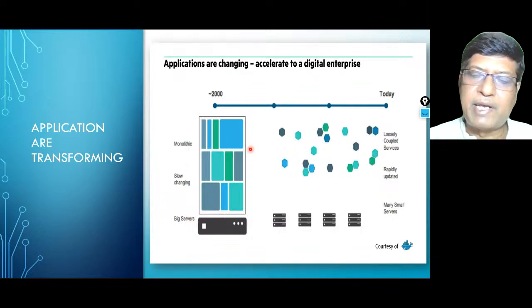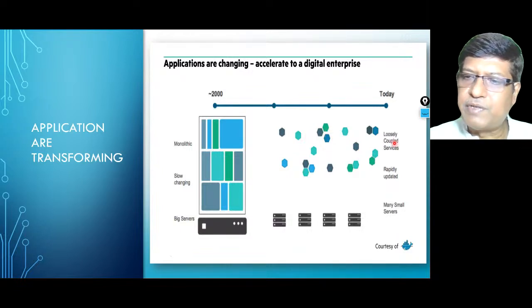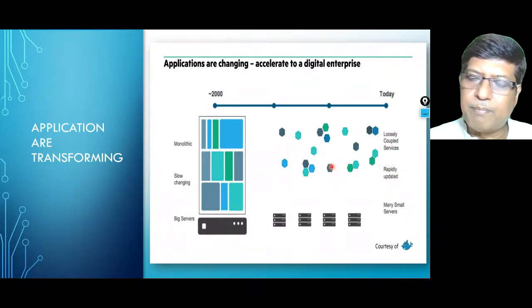Most of them have migrated or been converted to microservices. These are loosely coupled services, and you can isolate them. If this is not working, okay, you just work on this. You do not need to touch any one of them.